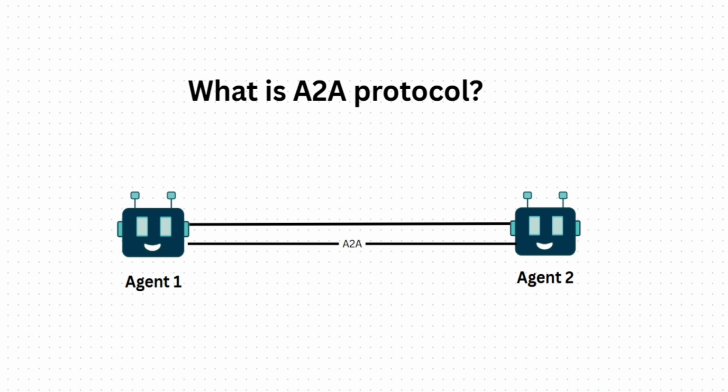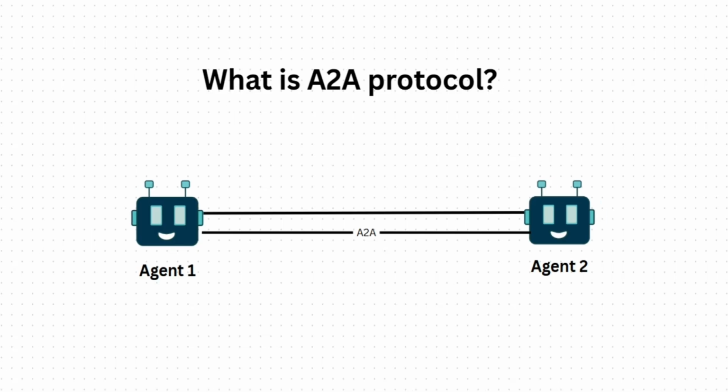Now, instead of duplicating efforts or relying on external APIs, company A's agent can use agent-to-agent protocol to call company B's agent and ask, hey, can you give me the latest weather data for this location? And company B's agent can respond with current weather information to company A's agent, and company A's agent can then deliver that to its end user.